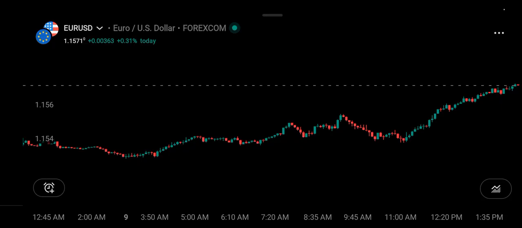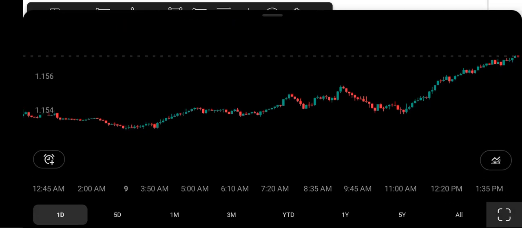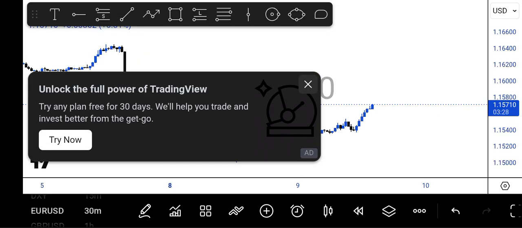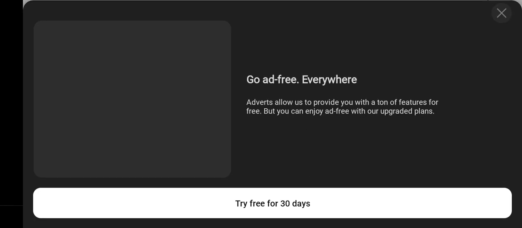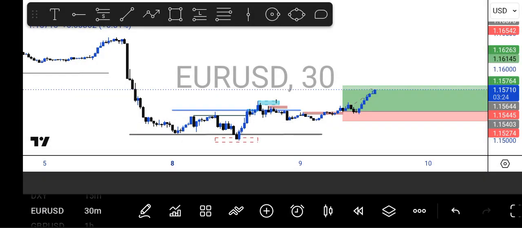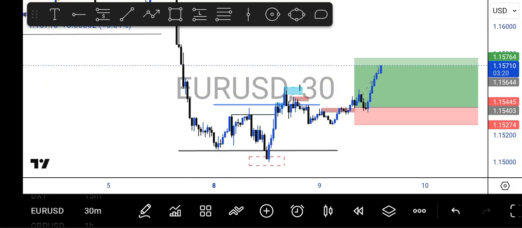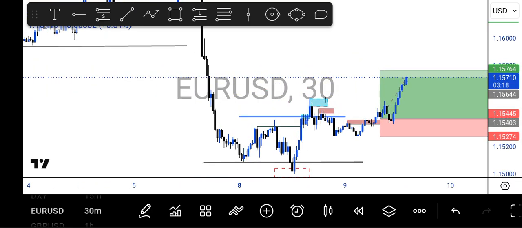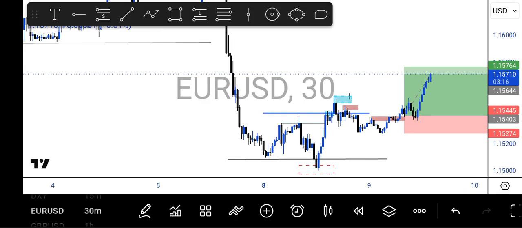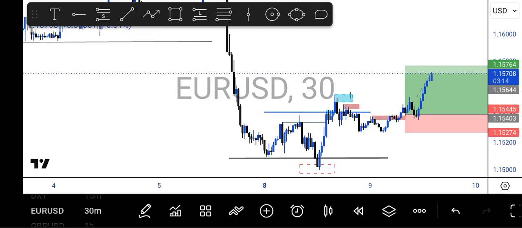What I'm gonna show you is a step-by-step checklist on how to enter for a trade, and how to look for opportunity in your trades.